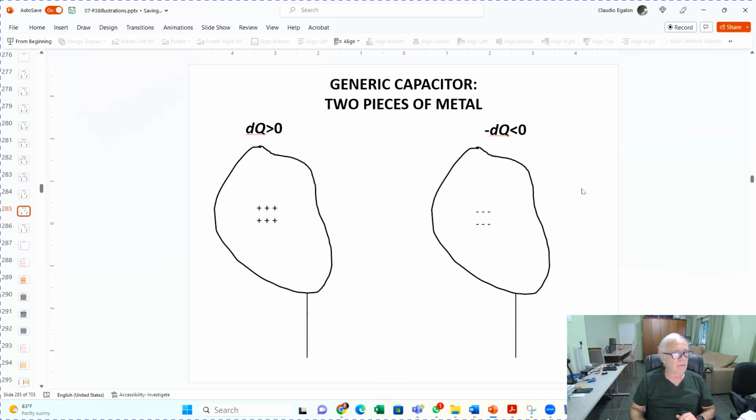Initially it was zero, just remember that initially it was zero. And now we have this electric potential difference between them that generates an electric potential energy in this system.